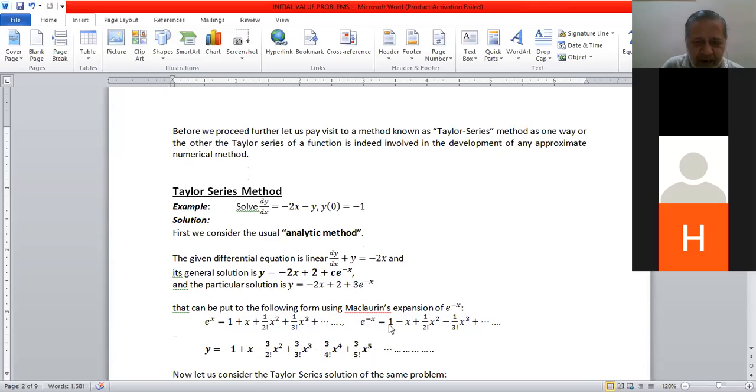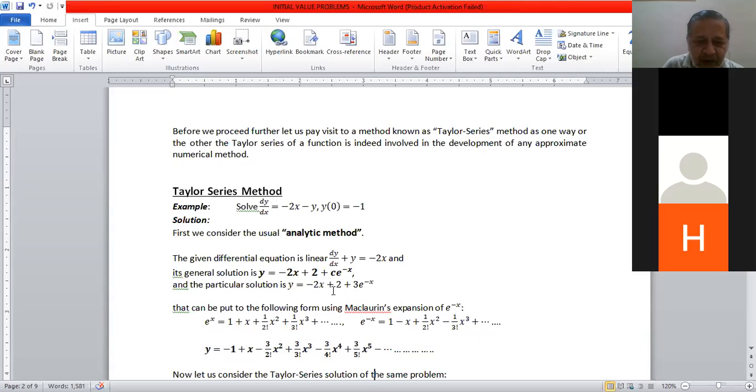So e power minus x has the expansion 1 minus x plus x square upon 2 factorial minus x cube upon 3 factorial. If we put this expansion of e power minus x in this particular solution and then simplify for terms, we will have this solution.